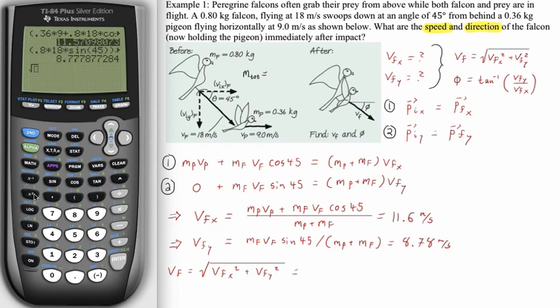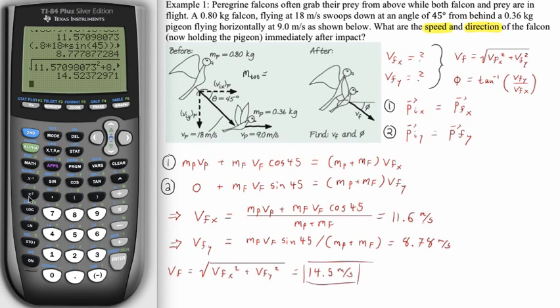We'll take this value here, square it, and then add this one, also squared, all inside the root. So 14.5 is our final speed, 14.5 meters per second. Put a box around it.